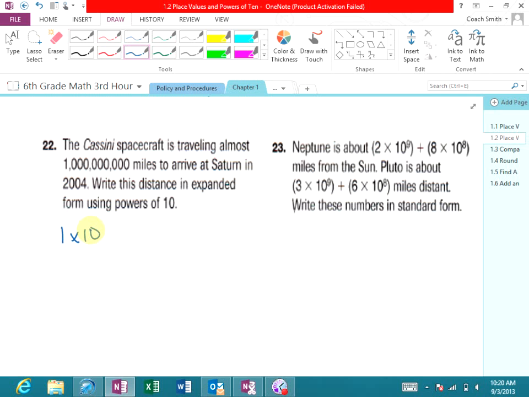Right. Remember, go back to your zeros. Our zeros tell us what our power is when you're on the left side of the decimal, the whole number side. So I have 1, 2, 3, 4, 5, 6, 7, 8, 9 zeros. So it's 10 to the 9th power. So 1 times 10 to the 9th. Okay? That would be your answer.